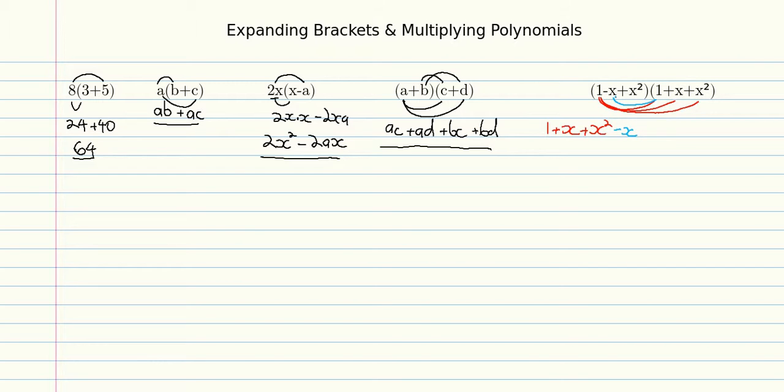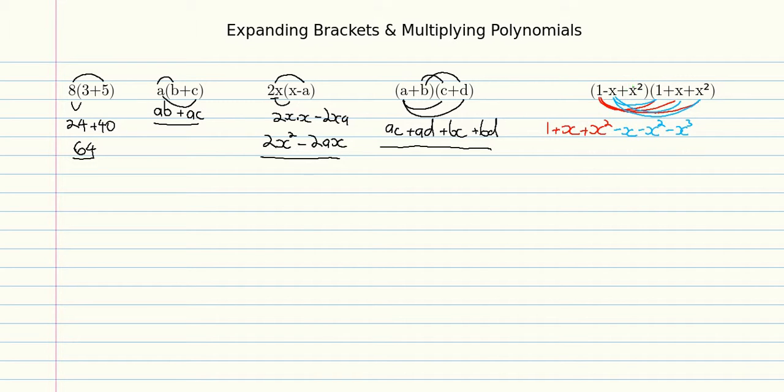Okay, negative x times positive x is minus x squared. Negative x times x squared is negative x cubed.